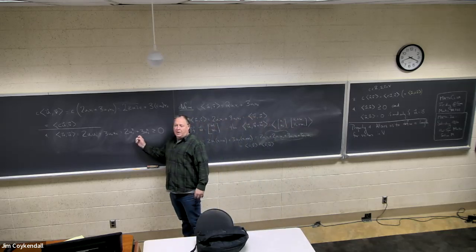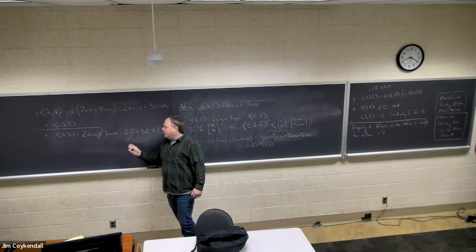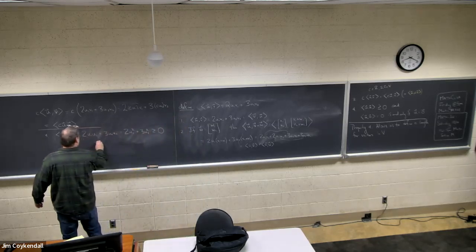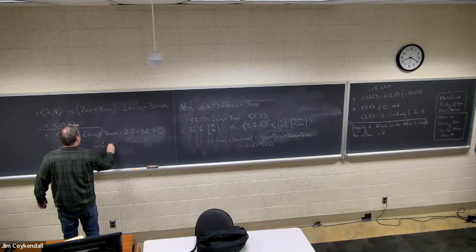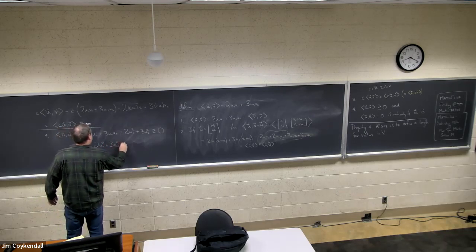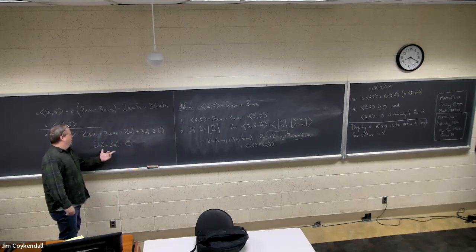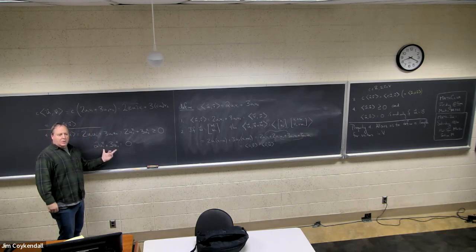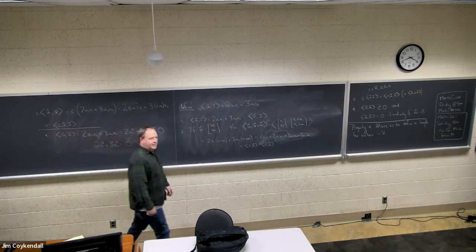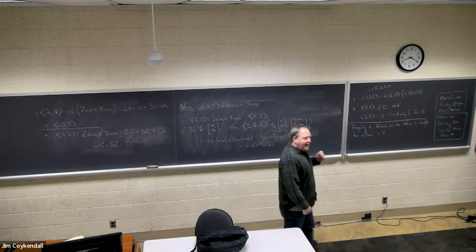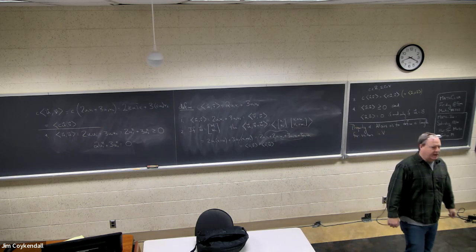If this equals 0, what must be true about U1 and U2? So suppose you have the following equation here. What must be true about both U1 and U2 to make this equation balance? They both have to be zero. Everybody agree with that?